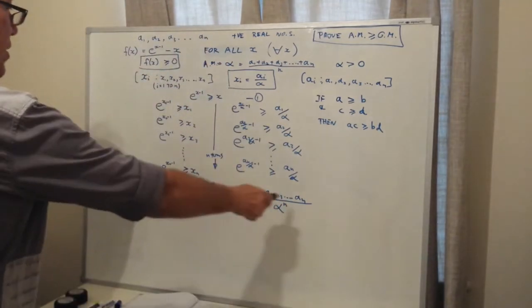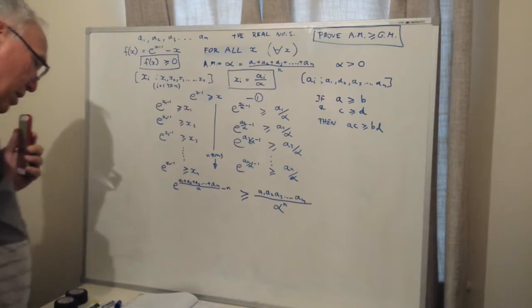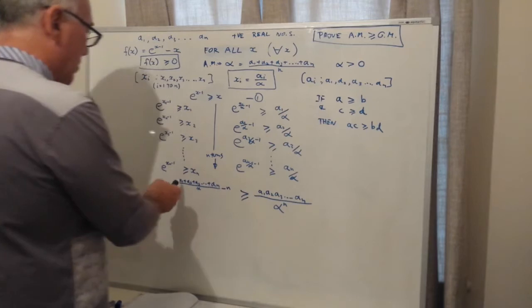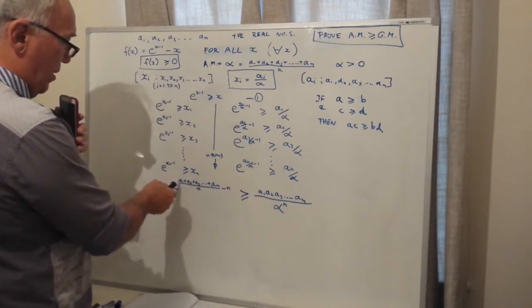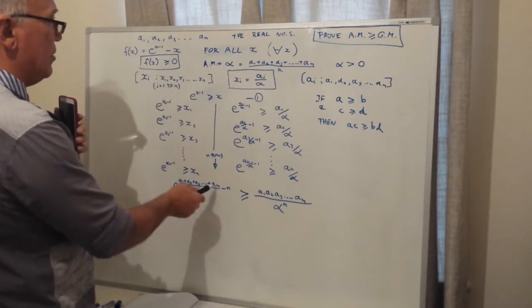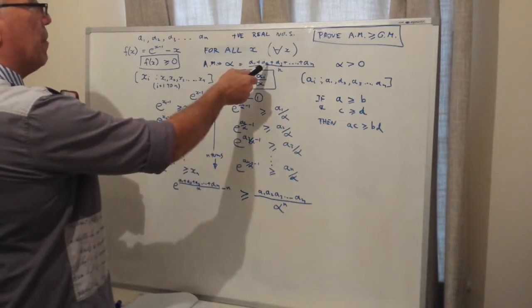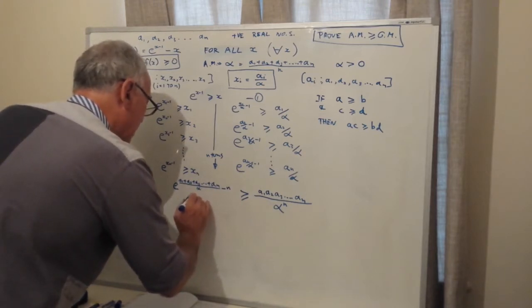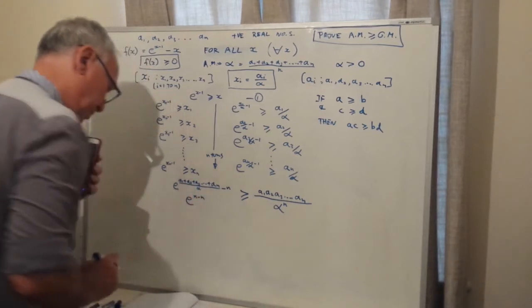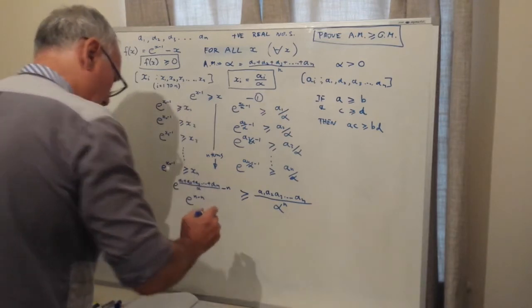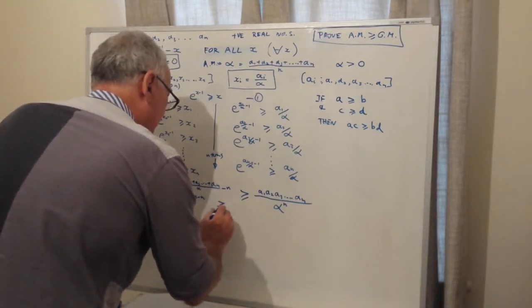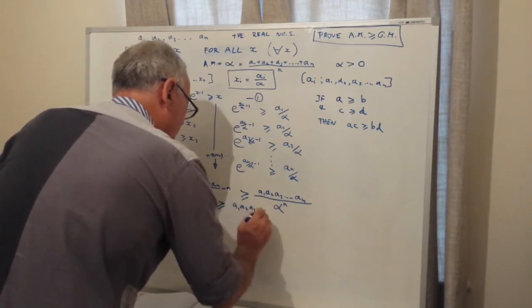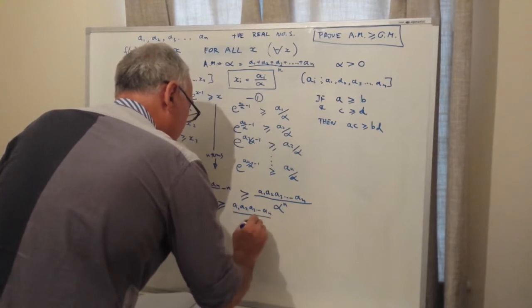So now we have this particular equation here. If you look at this part carefully, you'll see that that's just a rearrangement of the arithmetic mean. And that becomes e to the n minus n is greater than or equal to A1, A2, A3, all the way to AN, all over alpha to the n.